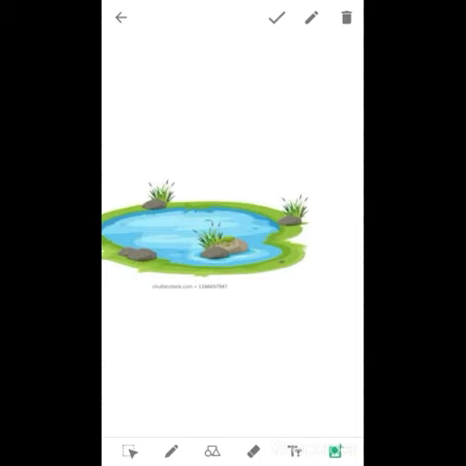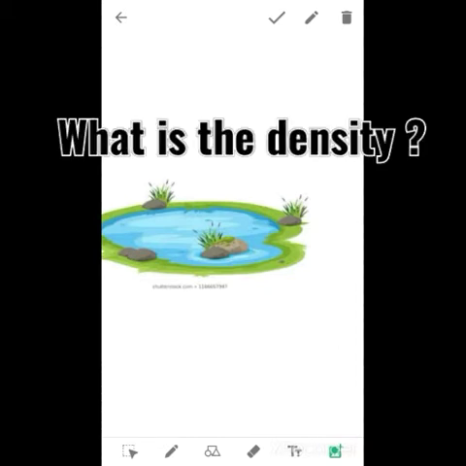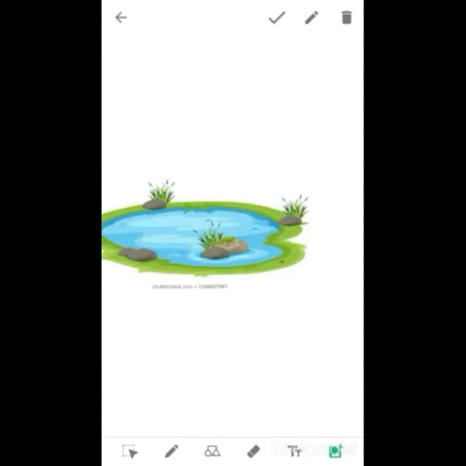It does this because the stone is more dense than the water. That is, if you had a glass filled with stone and a glass of the same volume filled with water, the glass filled with stone would be much heavier than the glass filled with water.